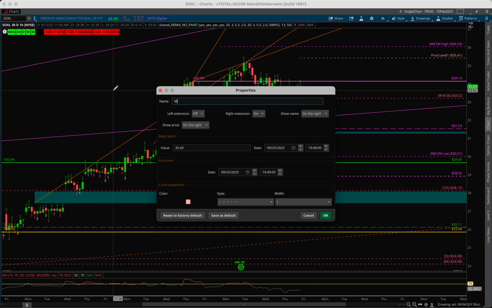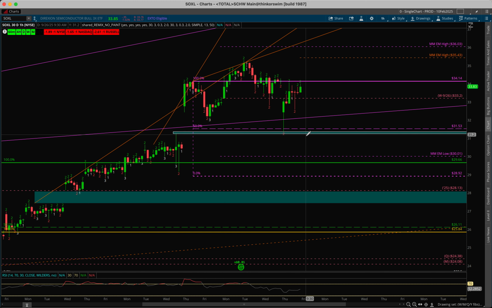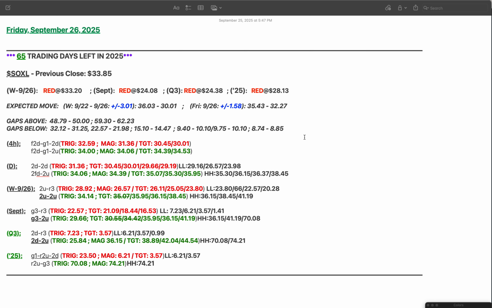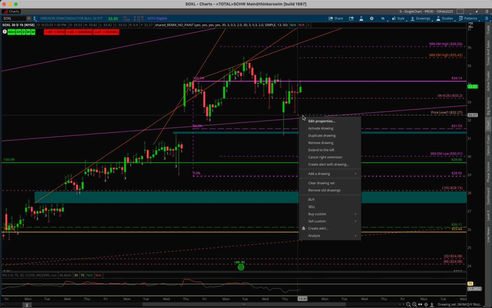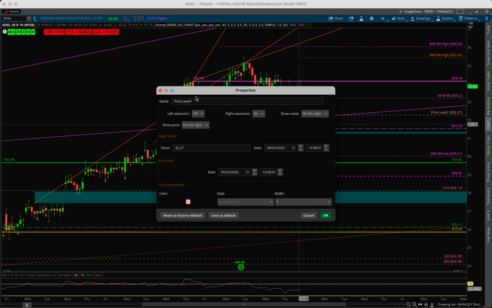We'll put market maker's expected move high. We'll label it orange because everything in orange is from a day perspective on our charts. And then we've got 32.27, and this is the market maker's expected move low. So we've got those two levels marked out on our charts here.